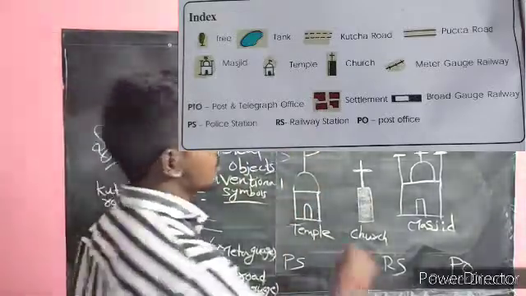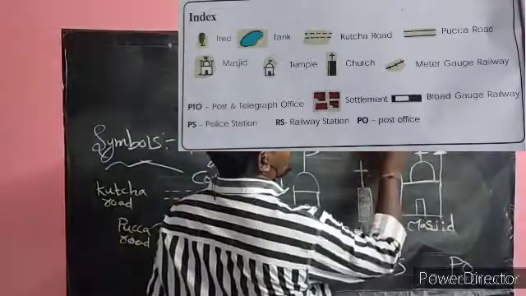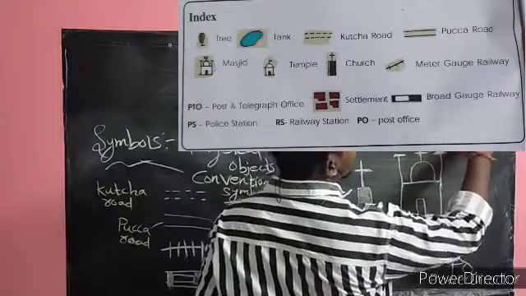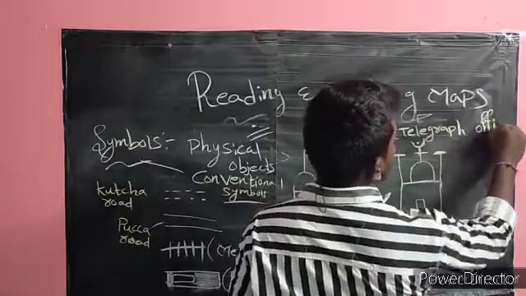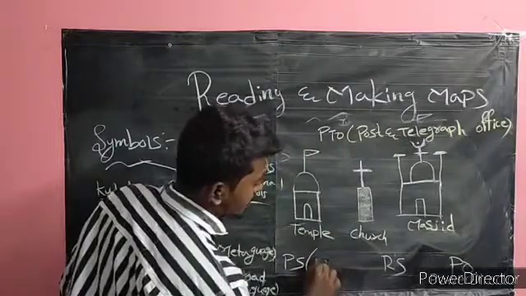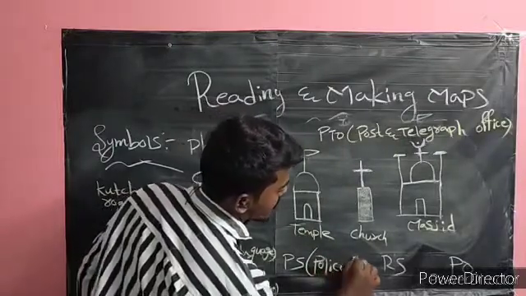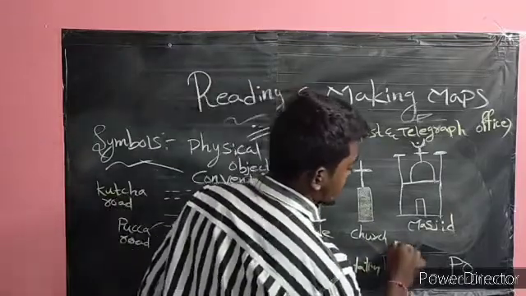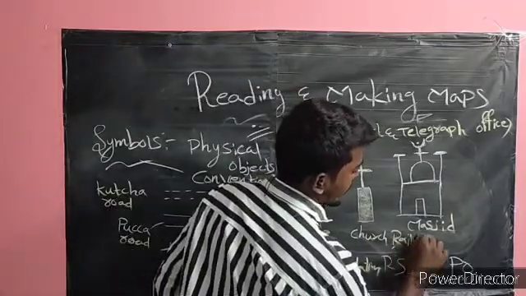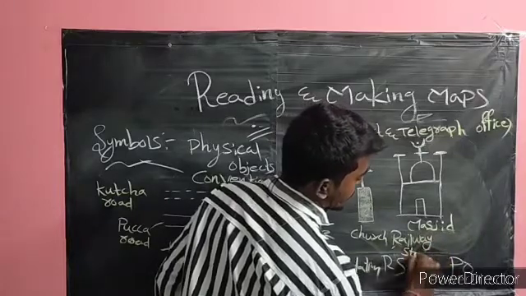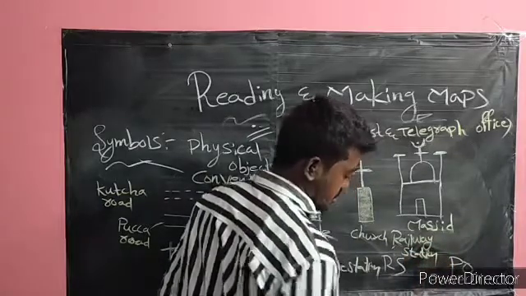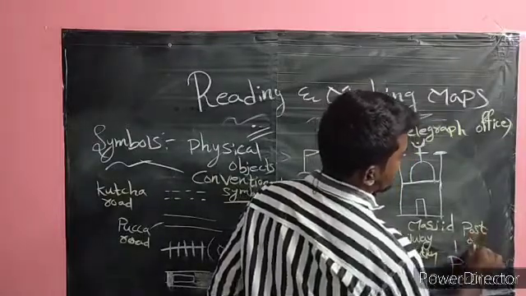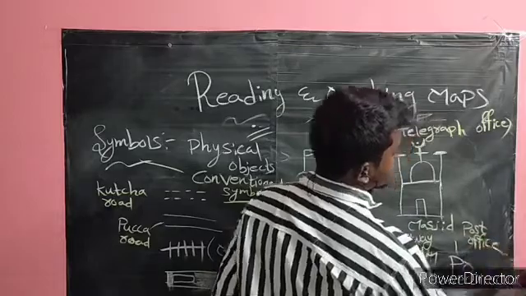PTO, post and telegraph office. PS, police station. RS, railway station. And PO, post office.